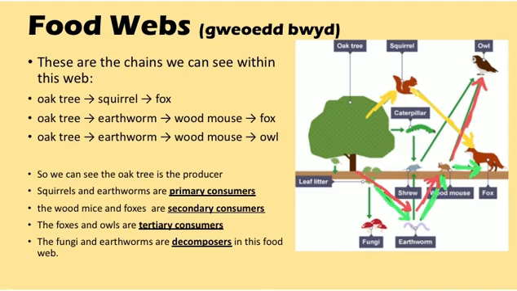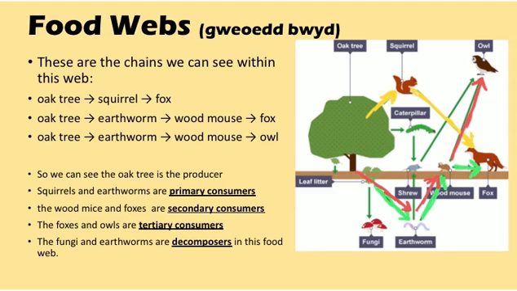So we can clearly see here the oak tree is the producer, so that is the first step in all of these chains. Squirrels and earthworms are the primary consumers I can see here in this food web. The wood mice and the foxes are secondary consumers. The foxes and owls are tertiary consumers.